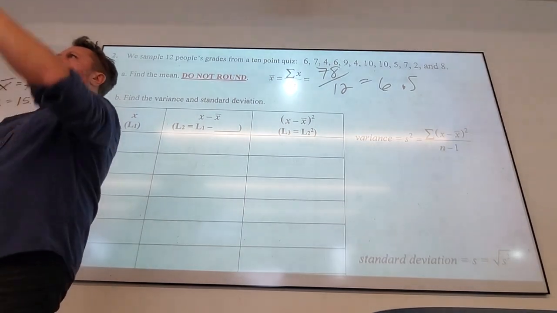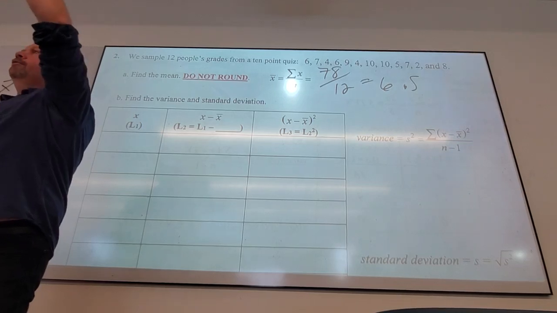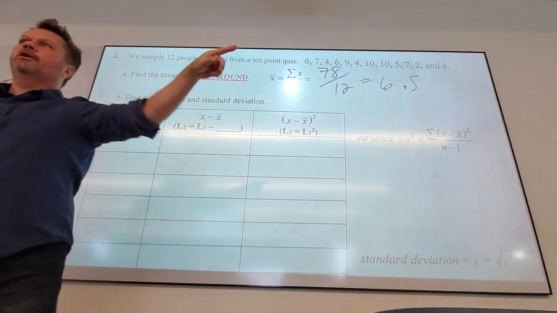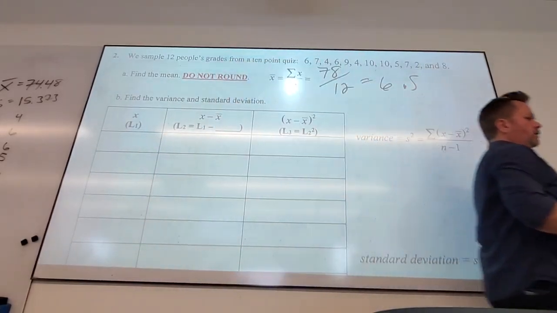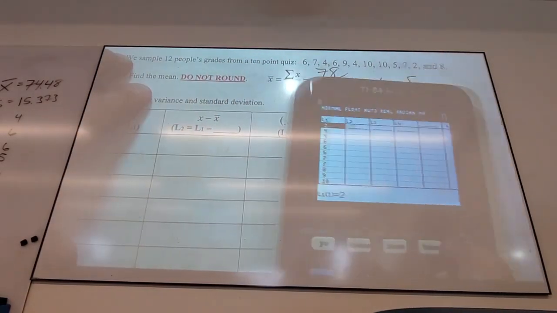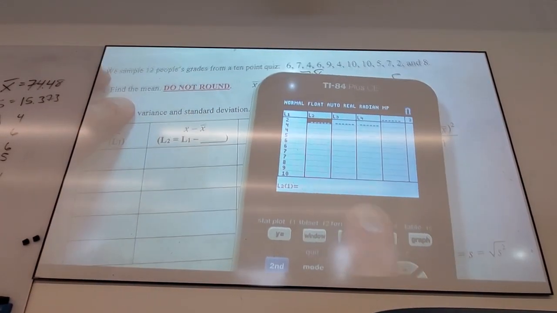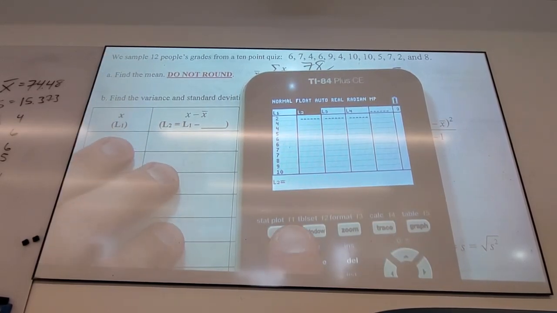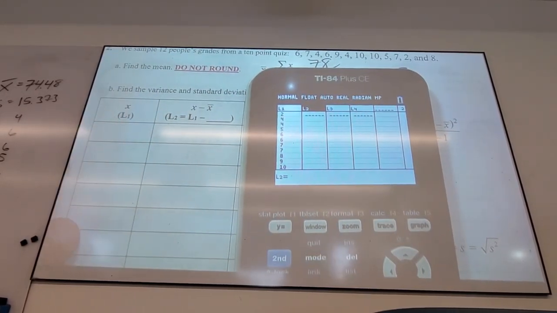So I could do every row. You never have to do what I'm about to show you. You can do every row one at a time, or you can make the calculator do some work. So don't I want list 2 to be something? Go up to list 2. Do you see how the bottom now says list 2 equals? It's just sitting there waiting for me. What do I want list 2 to be?